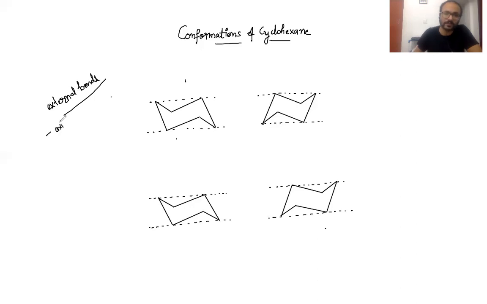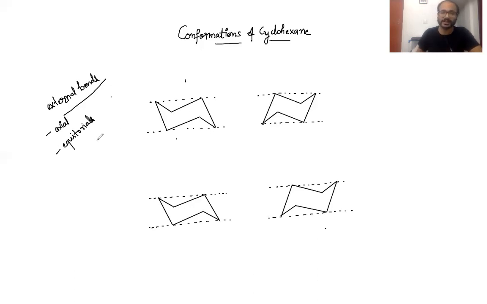One is your axial bonds, and the other is your equatorial bonds. At each of these vertices you will have 1 axial bond and 1 equatorial bond.